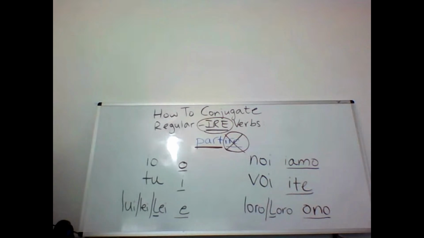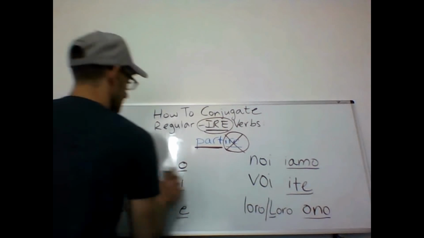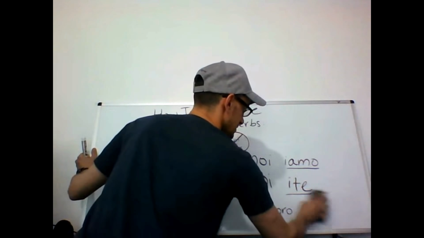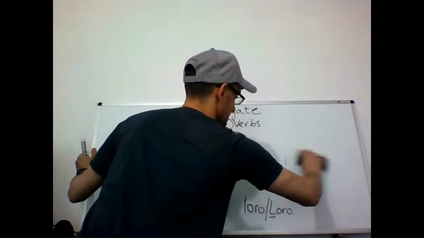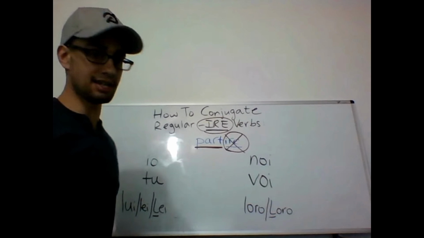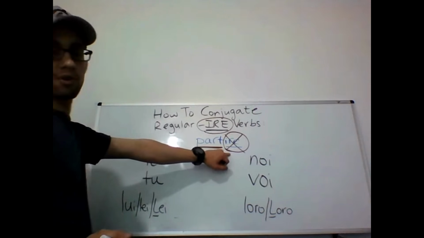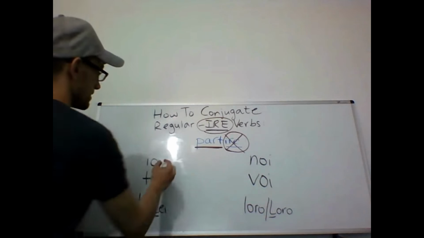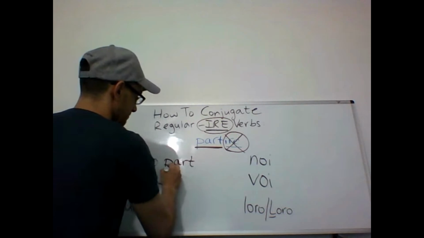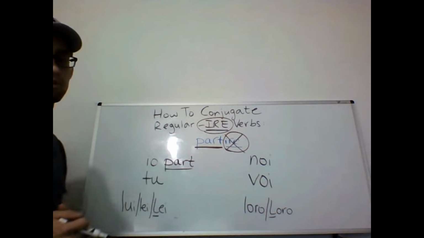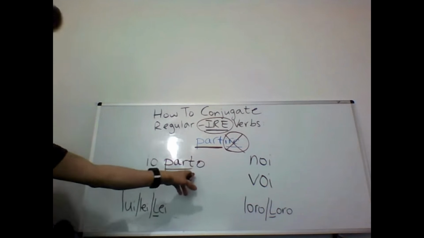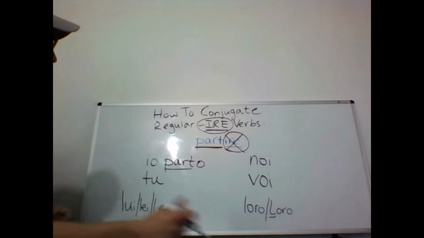Now I'll show you what I mean. Let's begin. So you want to say, I leave. I chop off that IRE like I did. I'm left with the stem, part, and I know that the io form ends in an o. Parto. Io parto. I leave.